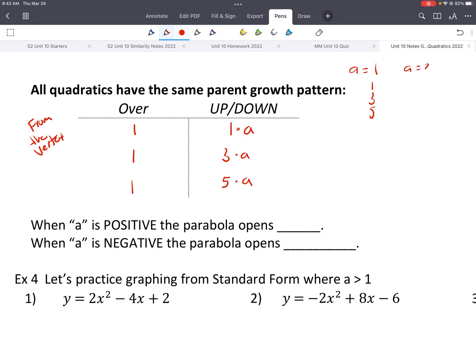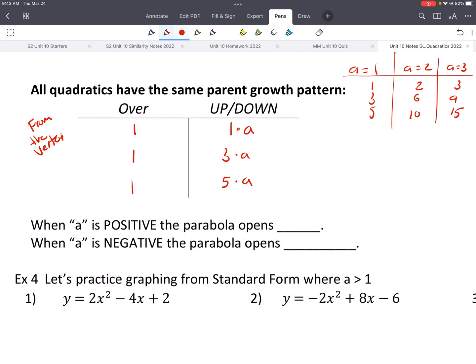But if a is 2, then we would double it. We multiply everything by 2, we'd get 2, 6, 10. Or if a is 3, we'd get 3 times 1 is 3, 3 times 3 is 9, and 3 times 5 is 15. So these are basically the growth patterns that you're going to use.